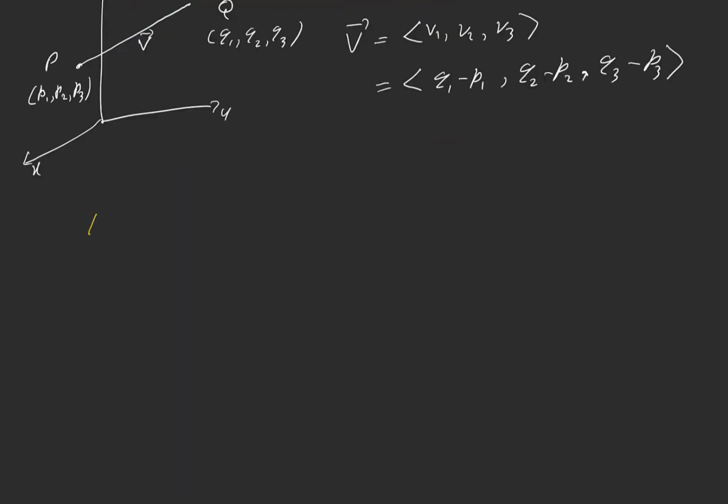Now let the u vector be (u1, u2, u3), the v vector be (v1, v2, v3), and c a scalar, which is a constant.